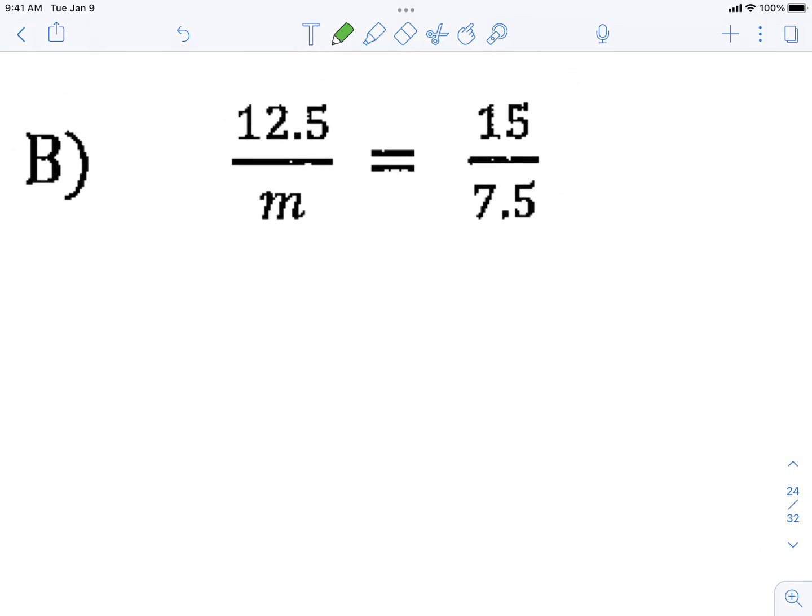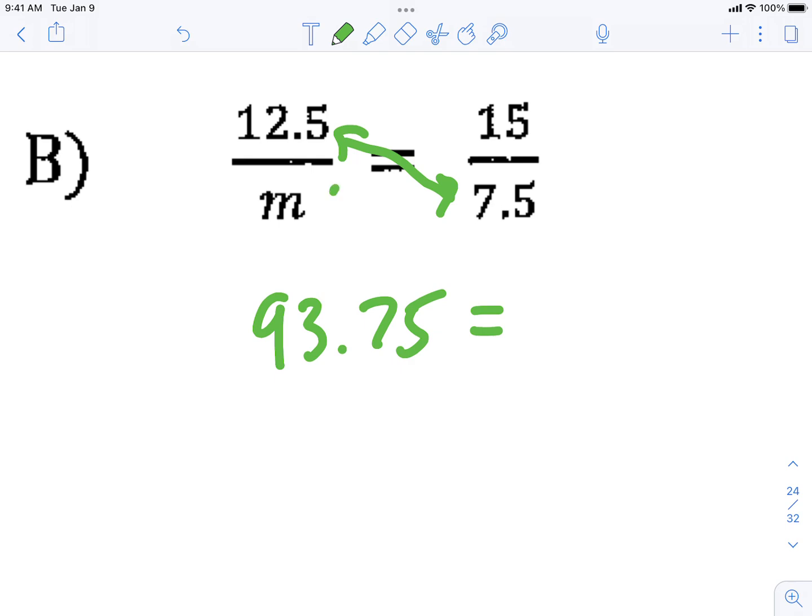B, same idea here. We have a proportion, we're going to cross multiply. 12.5 times 7.5 is 93.75. Equal sign. 15 times m is 15m.